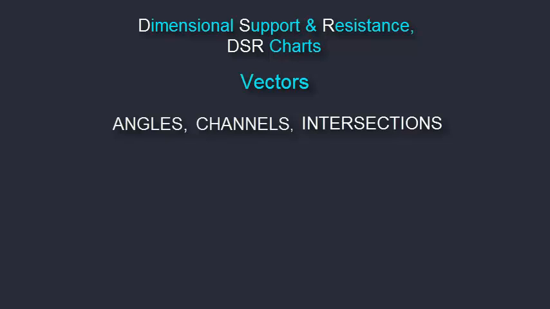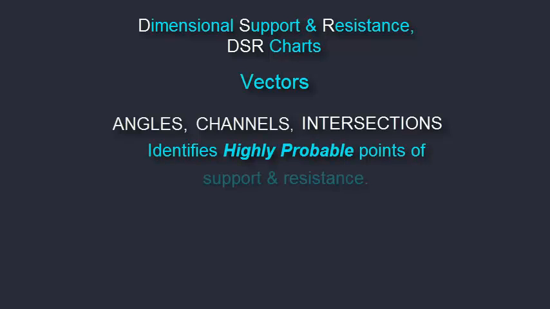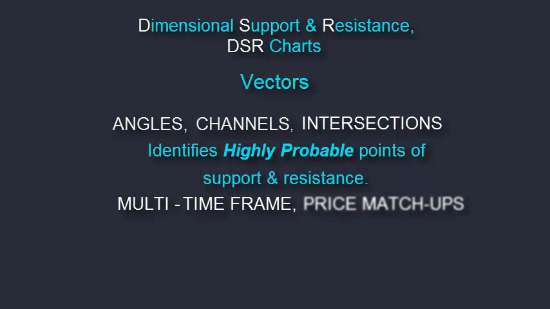The effect of the tool is to identify highly probable points of support and resistance, accomplished by these different components that make up a DSR chart. Additionally, applied to different time frames, matching points of support or resistance, whether minor or significant, add more credibility to each point under consideration.